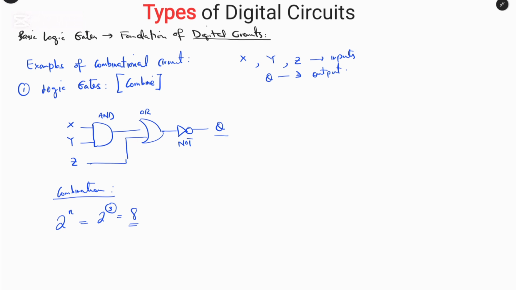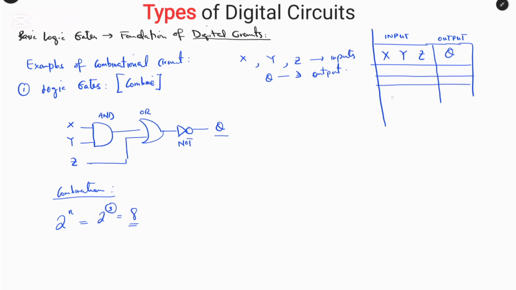When we want to draw a truth table that represents this type of combinational circuit, we know that there will be 8 combinations. So our truth table will have input X, input Y, and input Z producing the output Q. When we draw such a circuit, we can also label the input and the output.